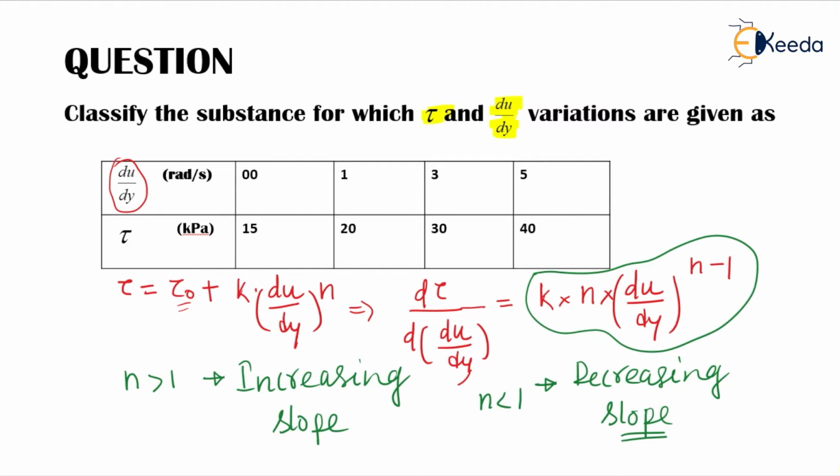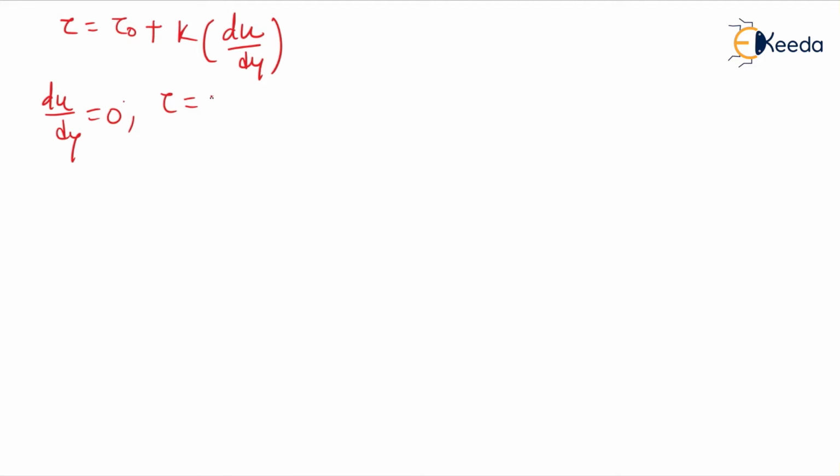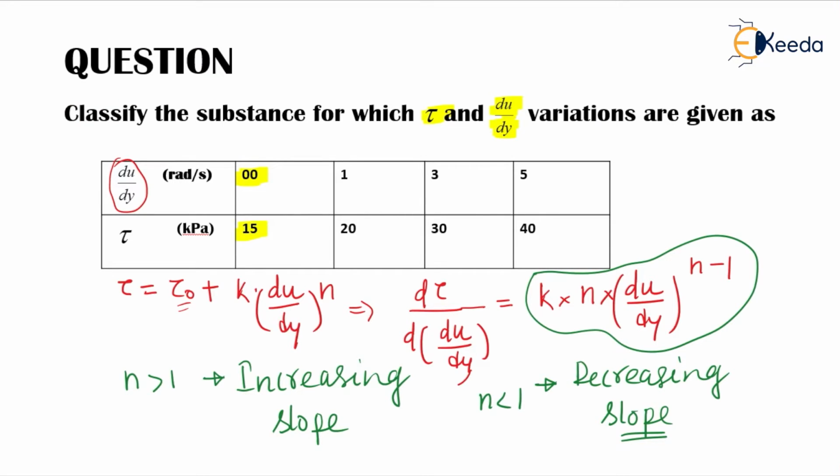Now here one thing is very interesting: when this rate is 0, tau still has some value. So we can write tau equals tau naught plus k du over dy. Initially, when du over dy is equal to 0, tau is equal to 15 kilopascal.